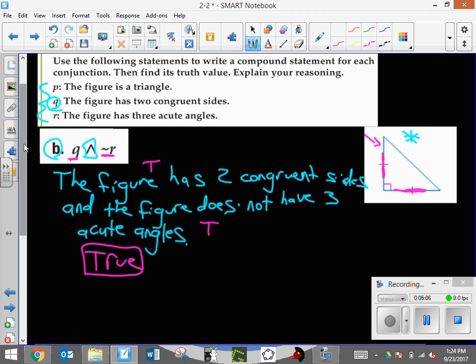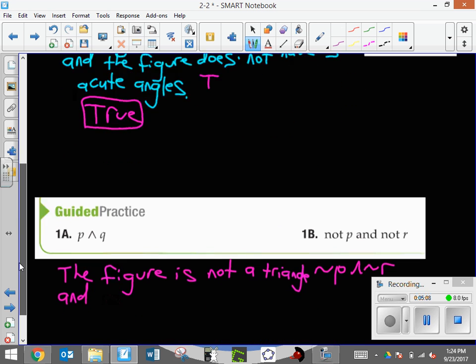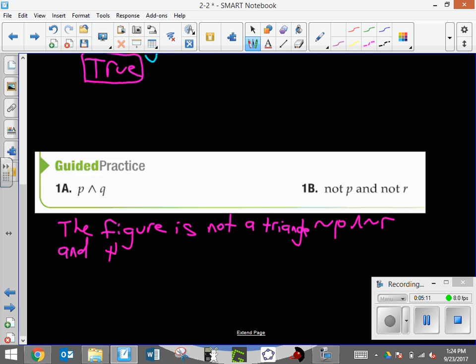We're going to say and the figure does not have 3 acute angles.